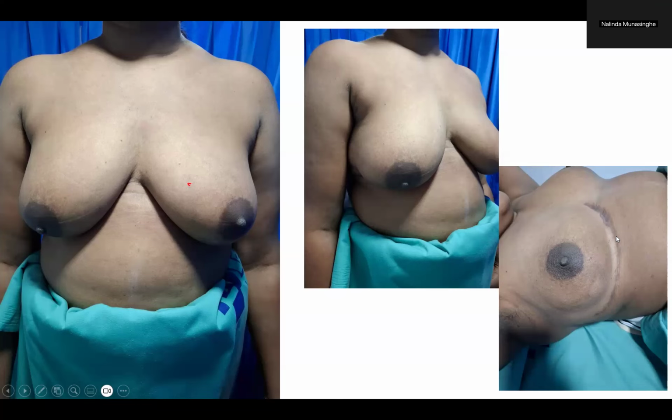So the flap was also raised from this area to fill it up. You can see the side profile as well as the anterior view. The breasts are more symmetrical in terms of size and shape, isn't it? So these are wide local excisions, and we have gone a further step, which is called the chest wall perforator flaps, to fill the defects. That is part of the partial breast reconstruction.